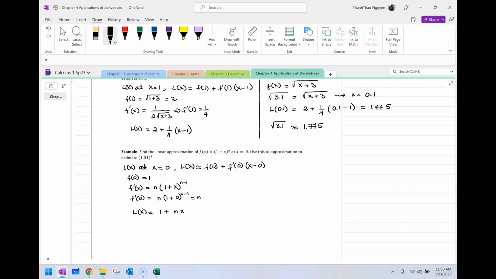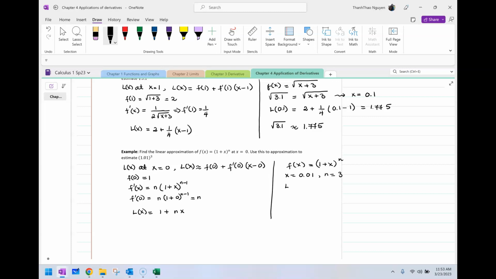Now if we want to estimate 1.01 to the third, we know that f of x is equal to 1 plus x to the n, and we want to estimate 1.01 to the third, which means x equals 0.01 and n equals 3.